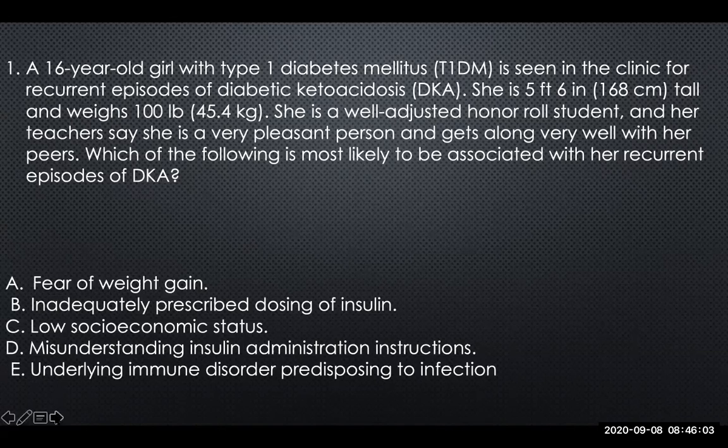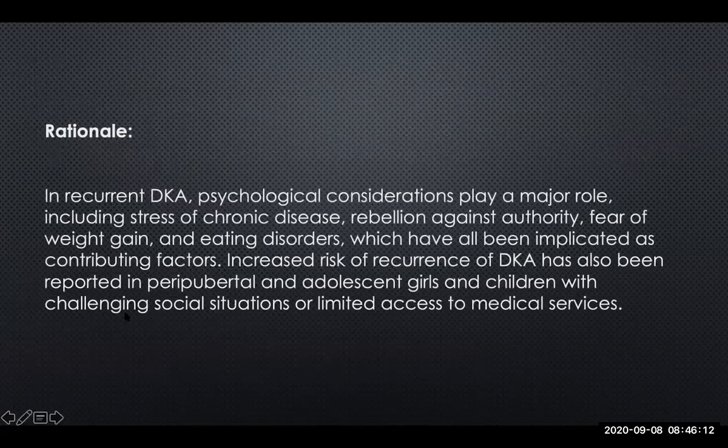So let's go see. The right answer is A, fear of weight gain. You can read the answer. In recurrent DKA, psychological considerations play a major role, including stress of chronic disease, rebellion against authority, fear of weight gain, and eating disorders, which have all been implicated as contributing factors.